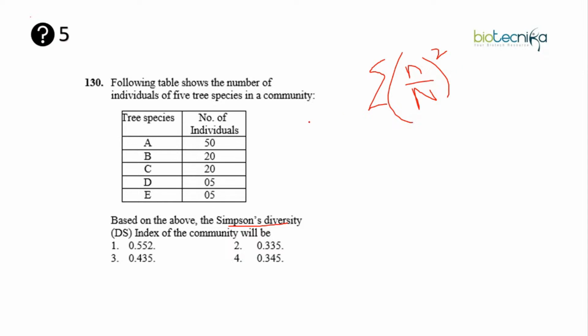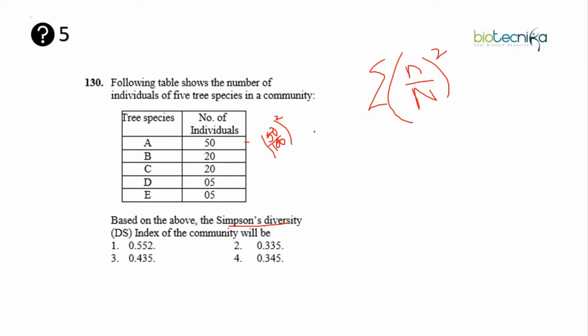Okay, so can you now do it? For each of these you have to find out n by capital N. So this will be 50 by 100, isn't it? What is the total? 50 plus 20 plus 20 plus 10, 100, whole square.